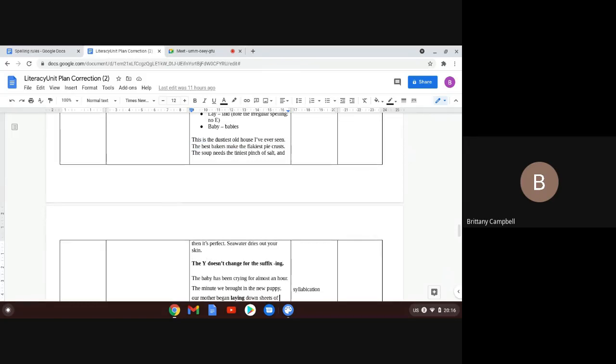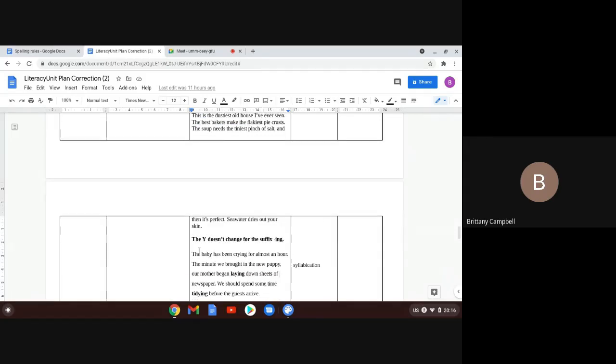Now, as it says early on, the Y doesn't change for the suffix ending in ing. So once you have ing, then you don't change the Y. For example, the baby has been crying for almost an hour.